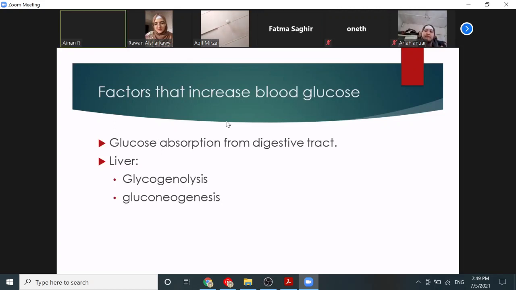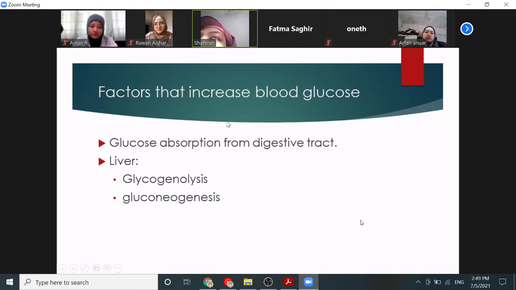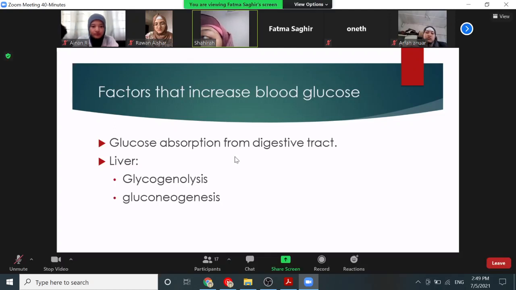Is it because when the glucose level is low, then the body needs to increase glucose because of negative feedback? Okay, good try. It's correct, but I need another thing. Shahira, are you still here? Maybe because we need energy. What makes blood glucose going higher normally?